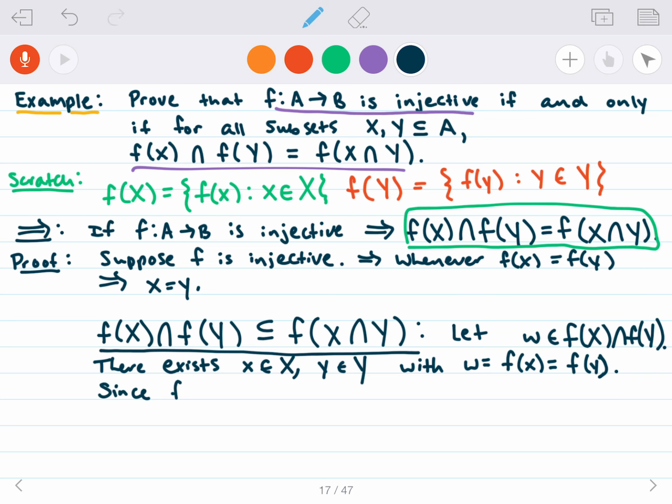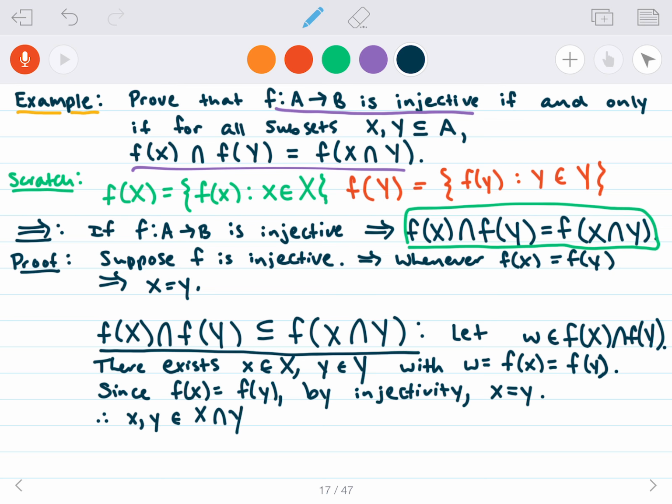Since f of x equals f of y, by injectivity, x must equal y. And therefore, since x is in capital X, y is in capital Y, and they equal each other, we can say that little x and little y are in the intersection of capital X and capital Y.